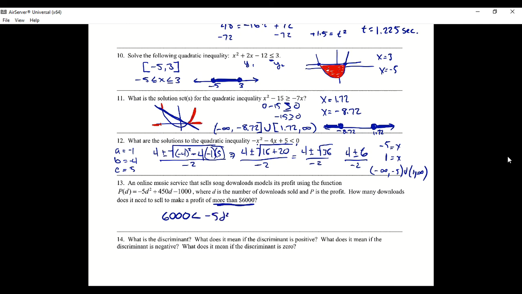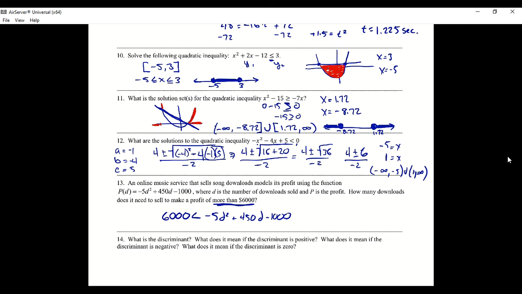-5d squared plus 450d minus 1,000. And so doing this on the calculator, we go to y equals. Clear our stuff out of y1 and y2.